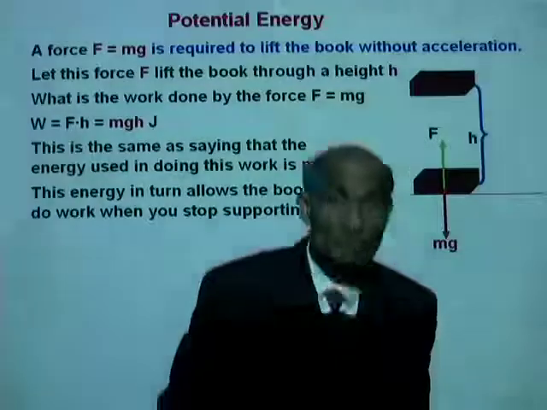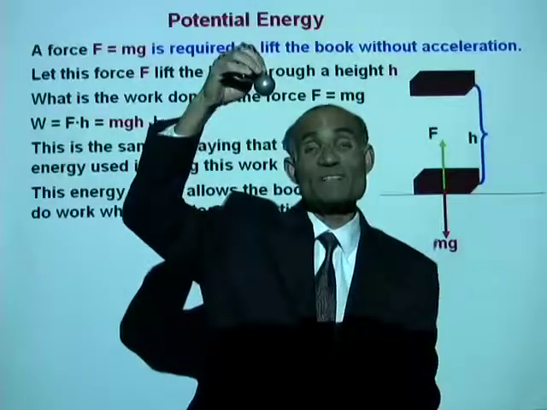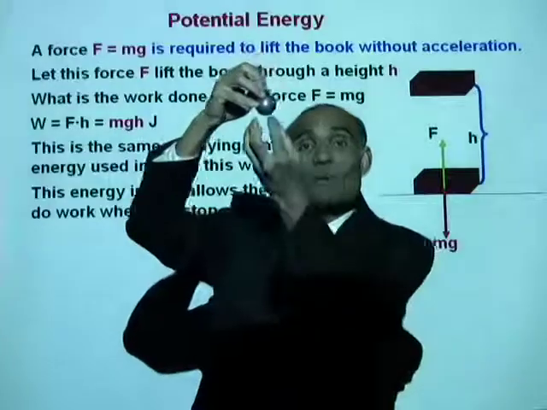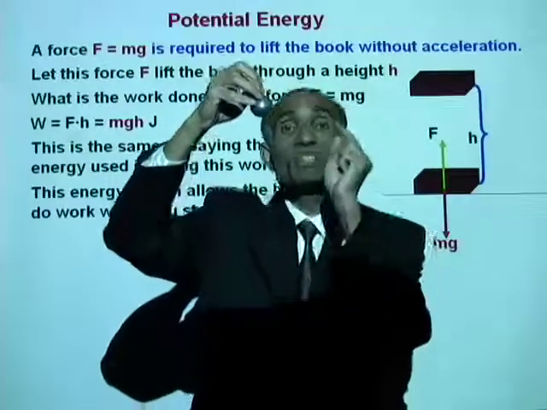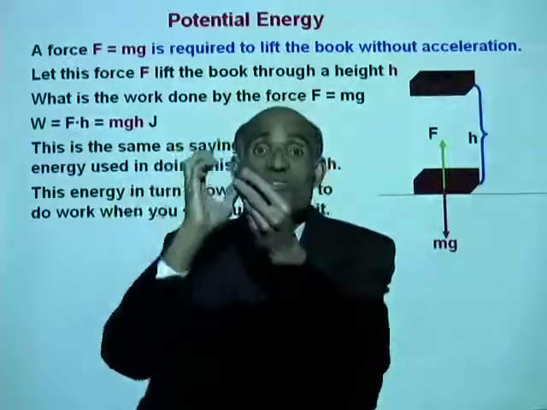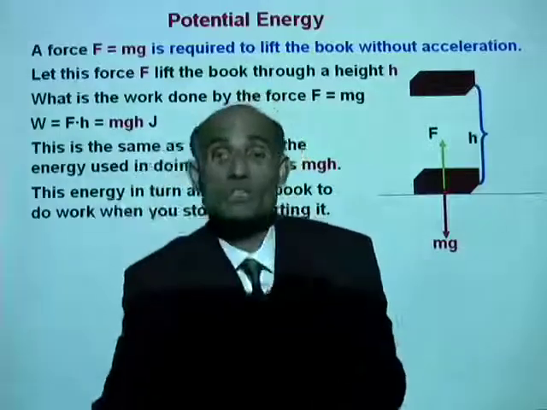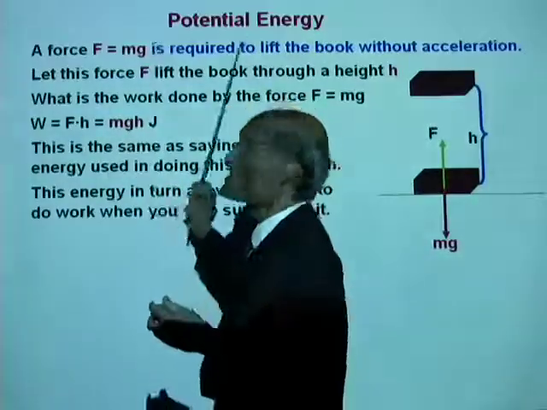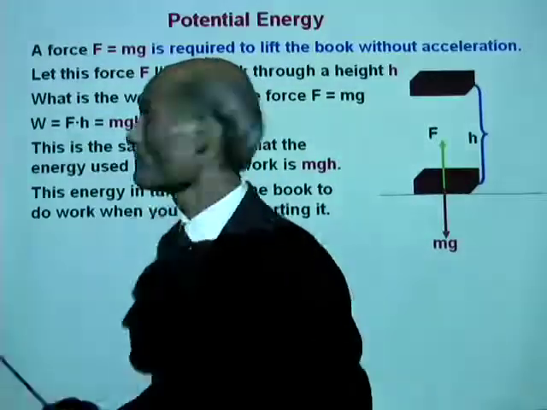So that means when you raise an object through a certain height, you have now placed that object in such a way that it is now able to do work. We say it has the potential to do work. When it has the potential to do work, it has potential energy.